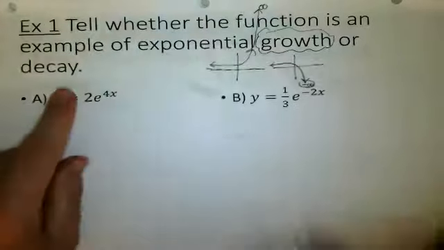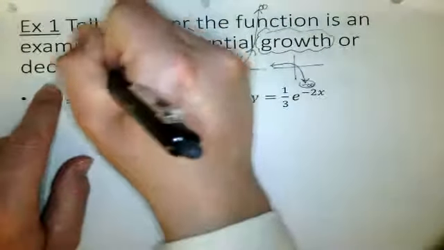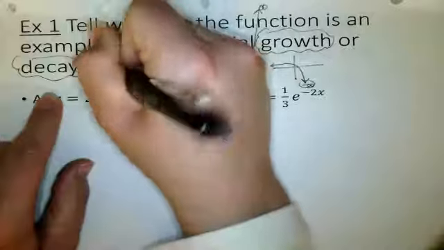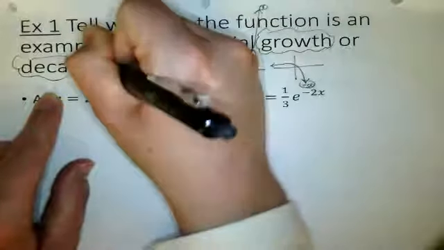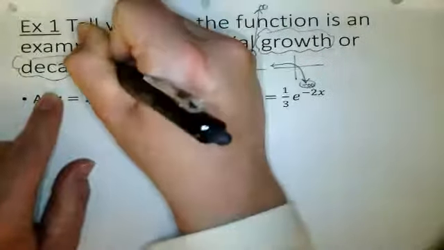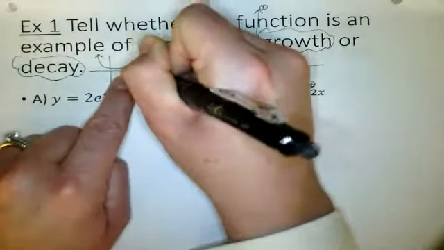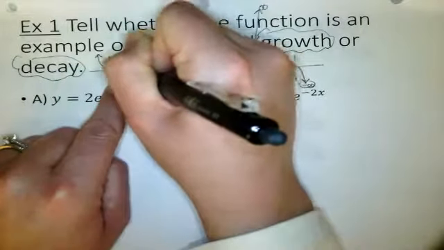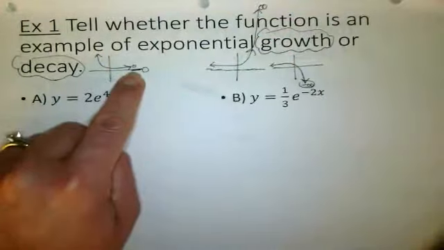Exponential decay is what we looked at last Wednesday with our M&Ms. And exponential decay has that Superman coming in for a landing shape. And that is that it's approaching 0. It's getting closer and closer to the x-axis. So this is Superman coming in for a landing.